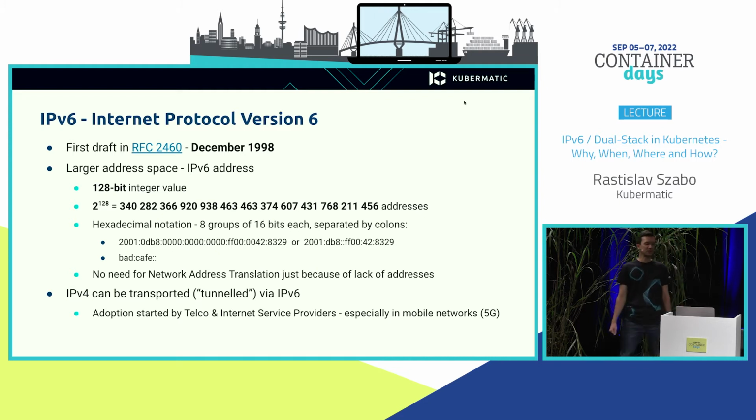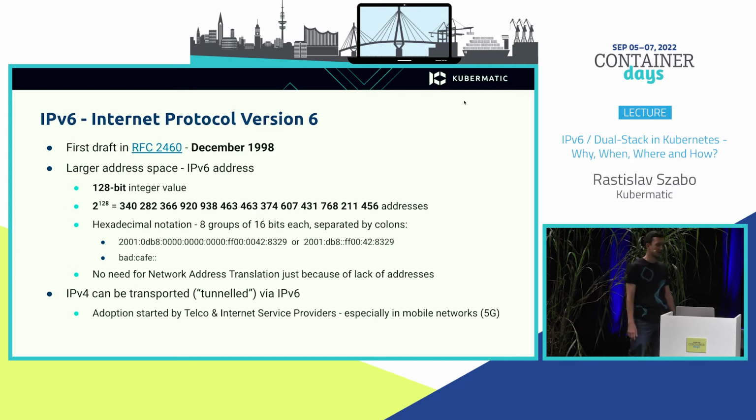We use hexadecimal notation for IPv6 addresses, 8 groups of 16 bits separated by colons. Some examples you can see. The IP addresses with 2001 are the same. There are some simplification rules that can apply. And beef colon cafe, 2 colons, is also a valid IPv6 address. The biggest benefit of this large address space is that we don't need to use network address translation.